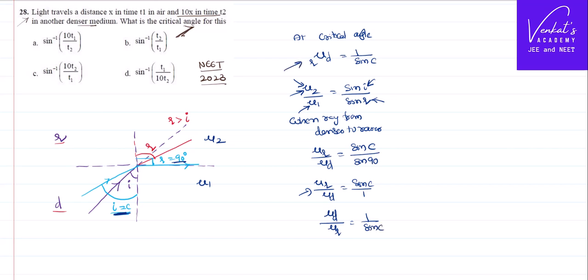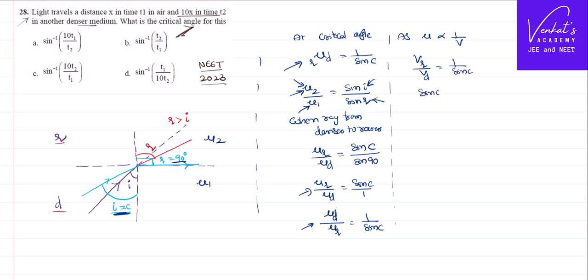That's the concept I wrote at the beginning. Now, mu is reciprocal to the velocity of light, because if the medium is denser, the refractive index is more, so the velocity of light is less. So instead of mu denser by mu rarer, I can write v rarer by v denser as 1 by sin c.